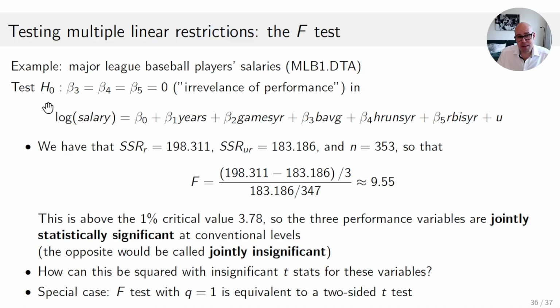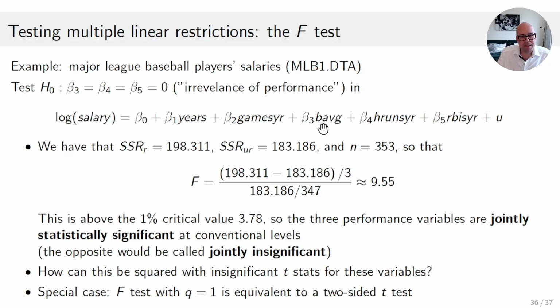On the left-hand side, you have the log of salary, which is publicly known in the US, and on the right-hand side, you have performance indicators, for instance, the number of years this player has been playing, etc. One might say that performance really doesn't matter for salary, so one might be interested in the performance-related variables, which are these three here.